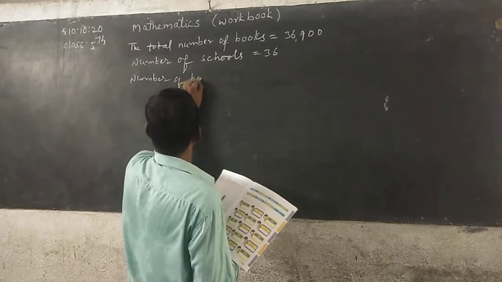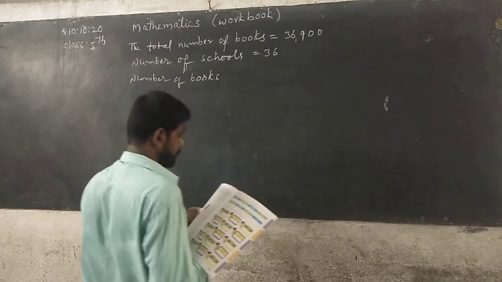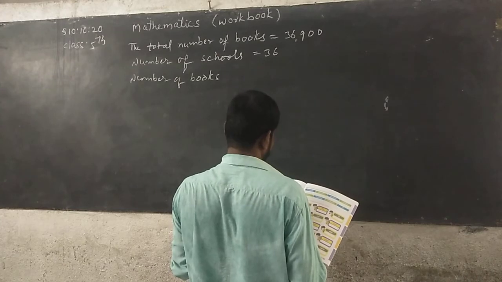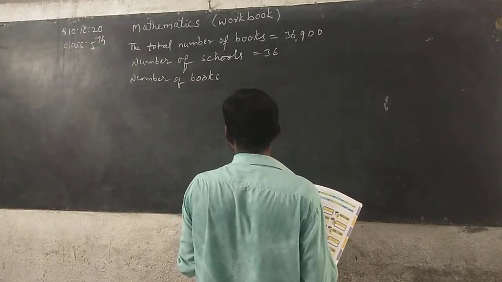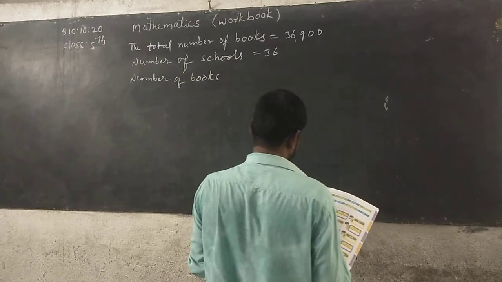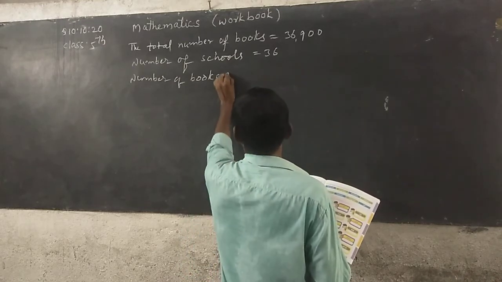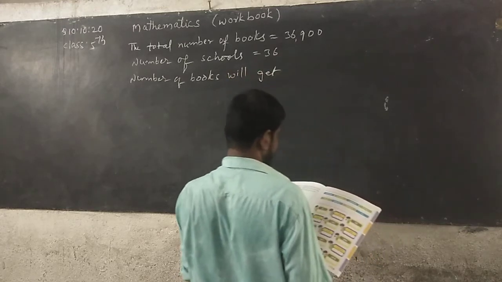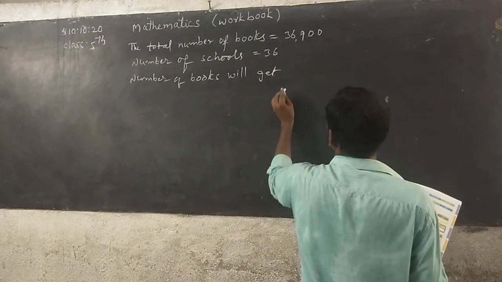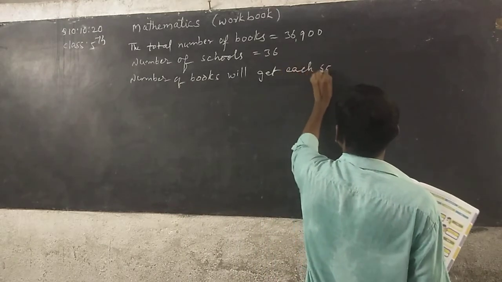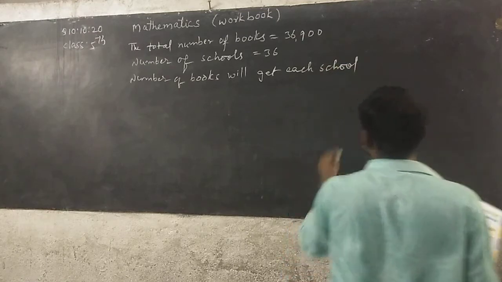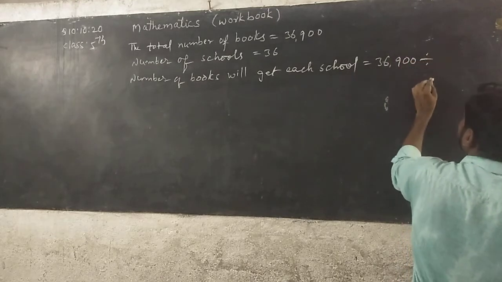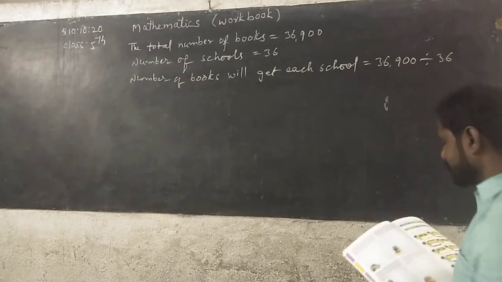Number of books each school will get is equal to 36,900 divided by 36.